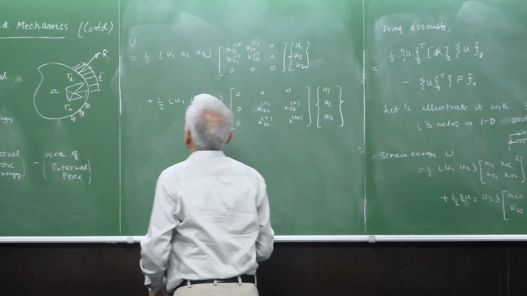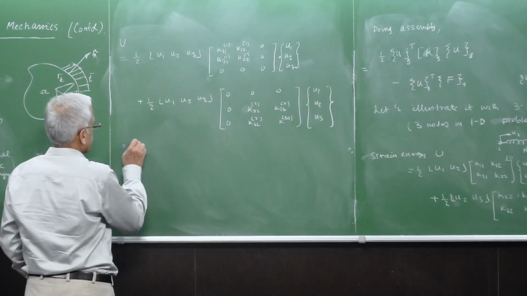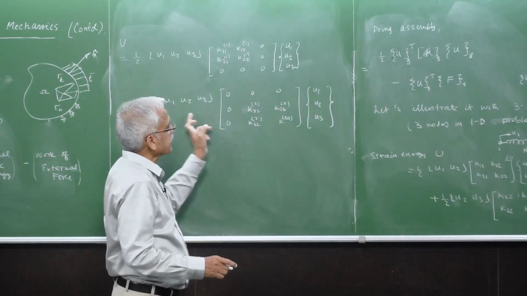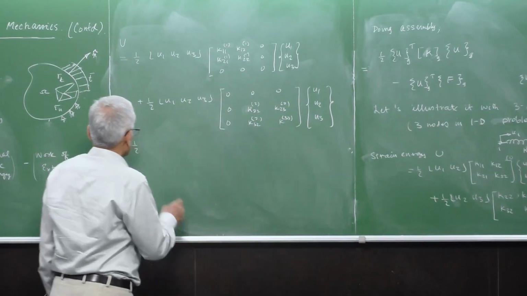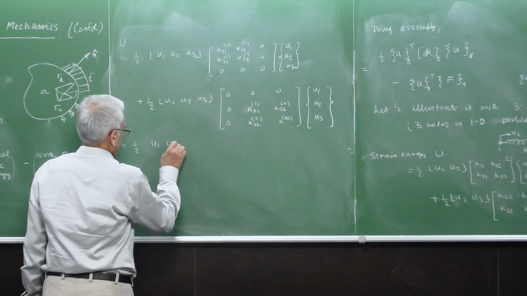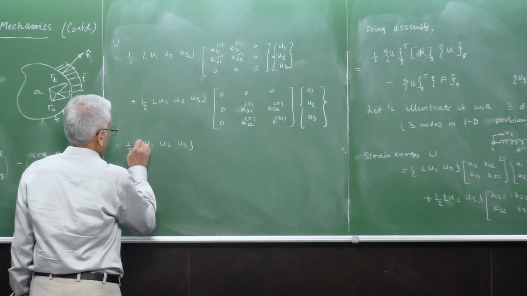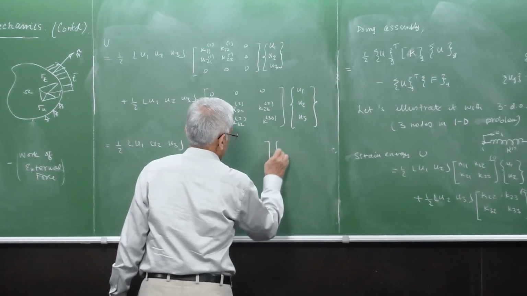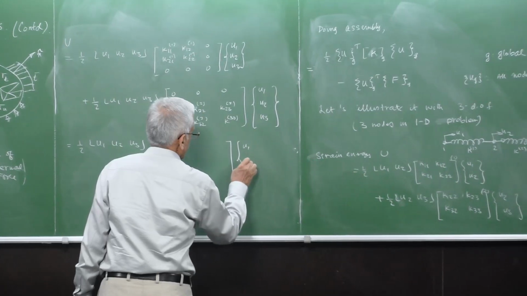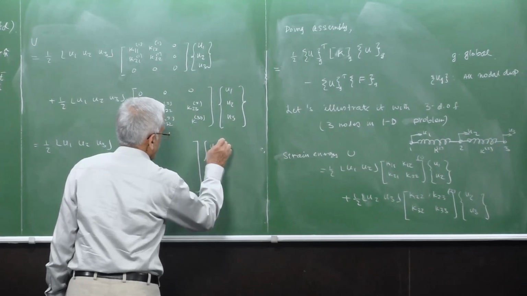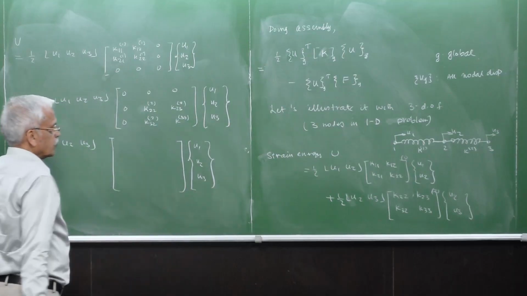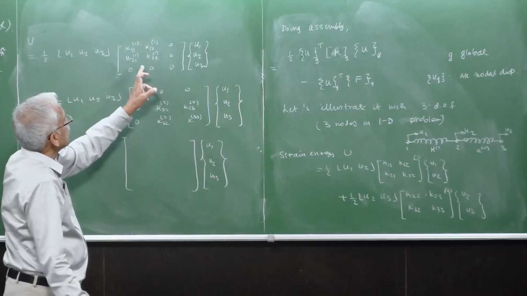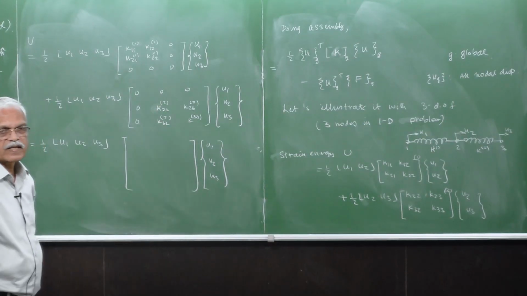So how do we combine this? Since these displacement vectors are exactly the same in both cases, they can be taken out. Then if these two are exactly the same for both the elements, these two matrices can be added.